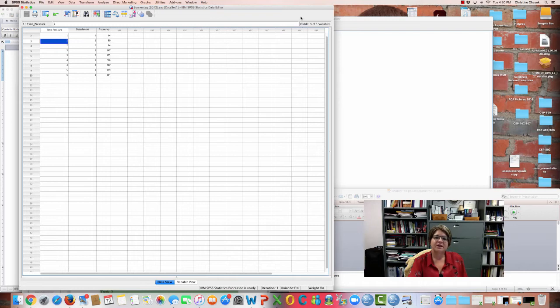So here, when we do chi-square tests, we're doing these because we have categorical data. Or we have data that's nominal, right? And we've kind of sorted it into categories or frequencies of how many times something has happened in a particular category. So you can see here that we've got categories of time pressure and we have categories of detachment.